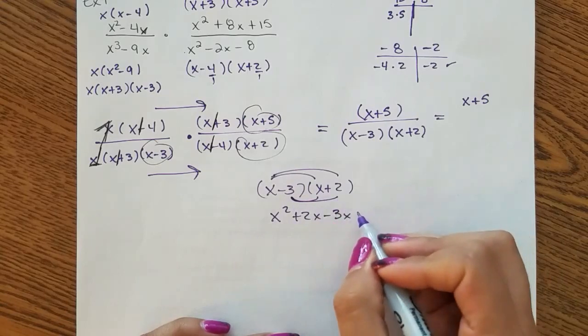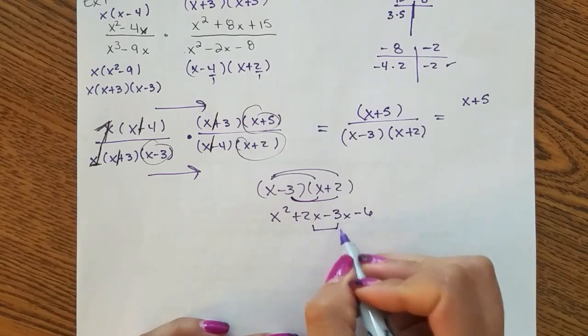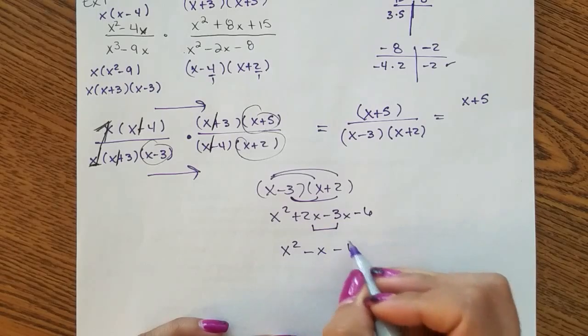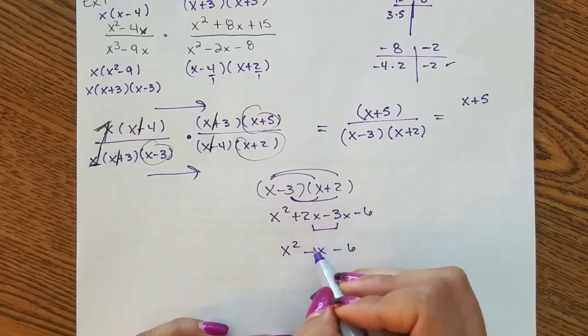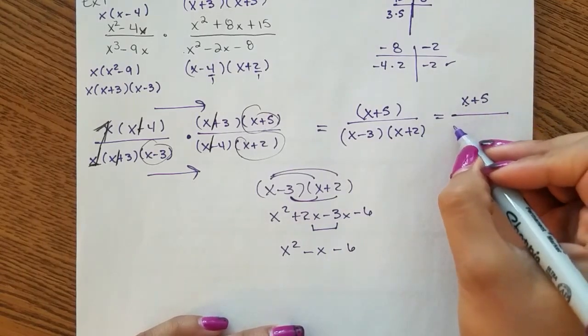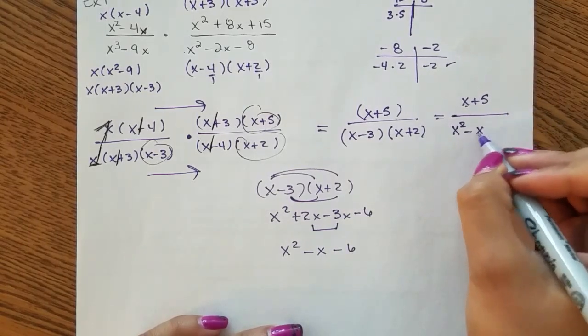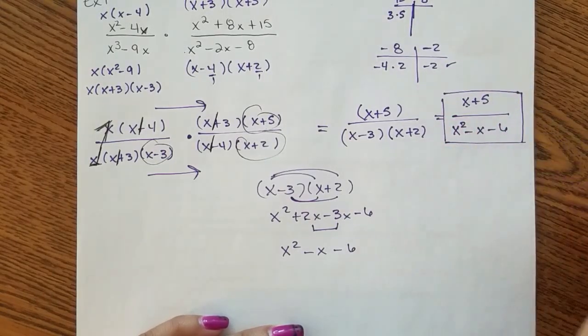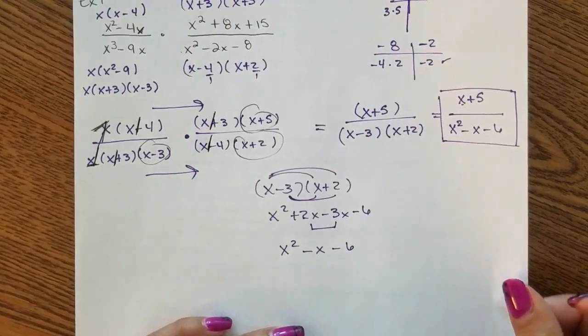Negative 3 times 2 is negative 6. Those combine, x squared minus x minus 6, since 2 minus 3 is negative 1. So we're left with x plus 5 over x squared minus x minus 6 as your final answer. Nothing too complicated here.